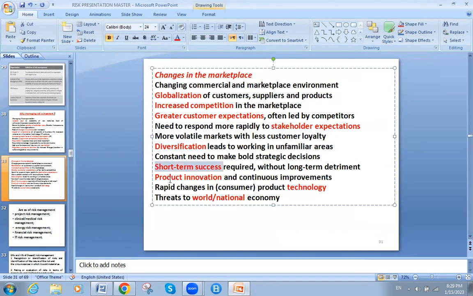Because of short-term success, which we need to achieve, because of product innovation and improving products, introducing new products to the markets, because of technology, and because of threats to the national economy and the whole world, like what's happening these days, when the price of oil has gone higher because of the war between Russia and Ukraine.